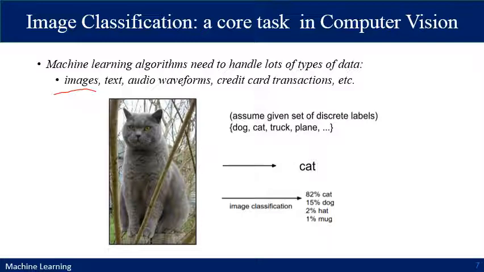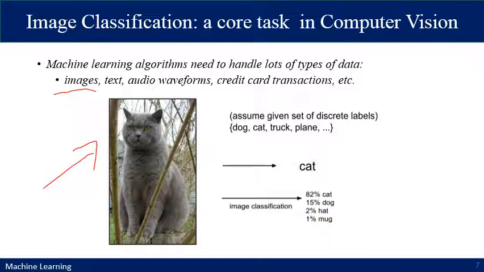For example, we came across a famous application which is a cat image classifier. Assume you are given a set of discrete labels and you have to identify cats from the images. You may have a number of different animals and you want to classify the class of each animal.